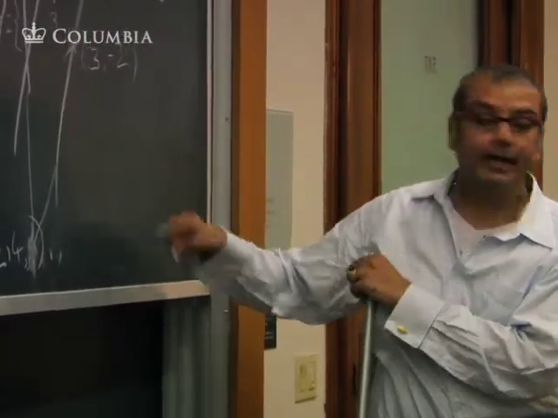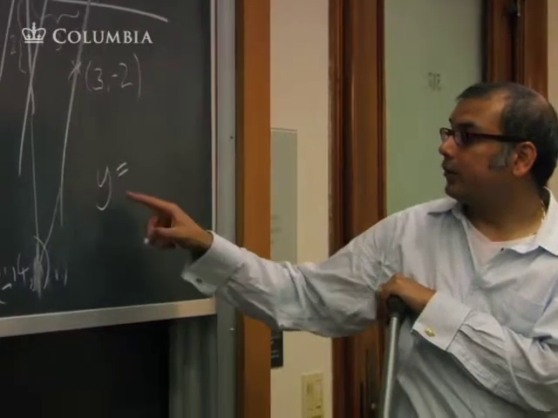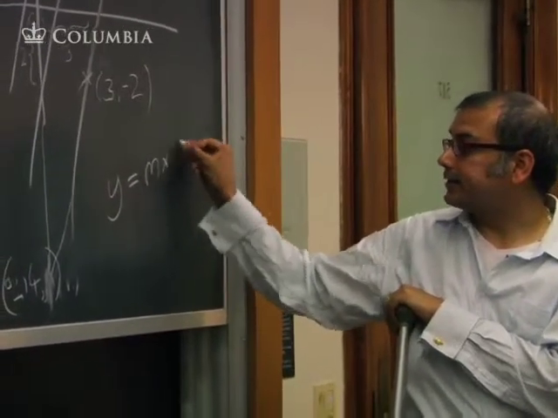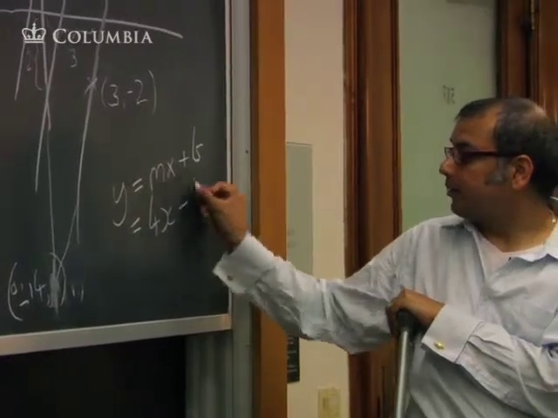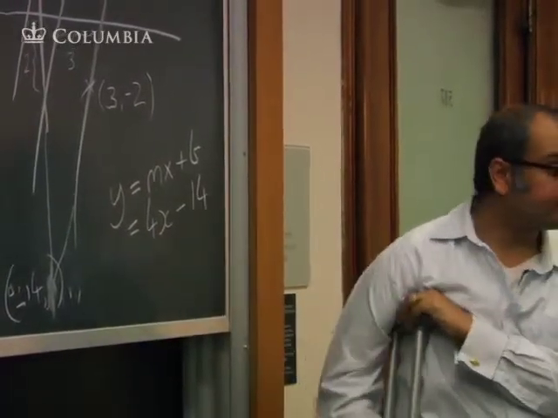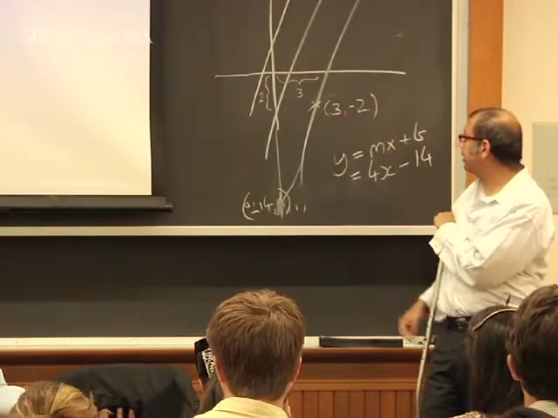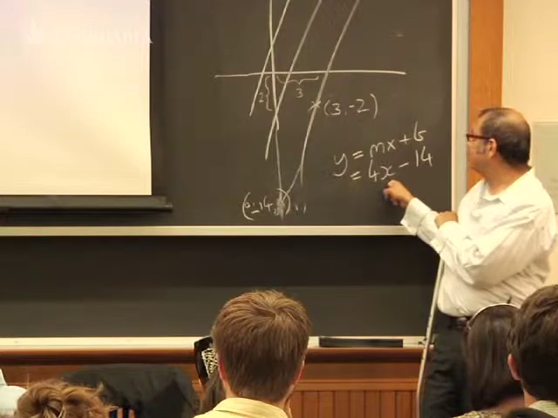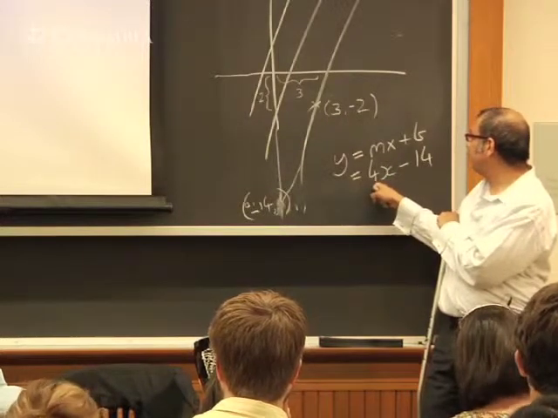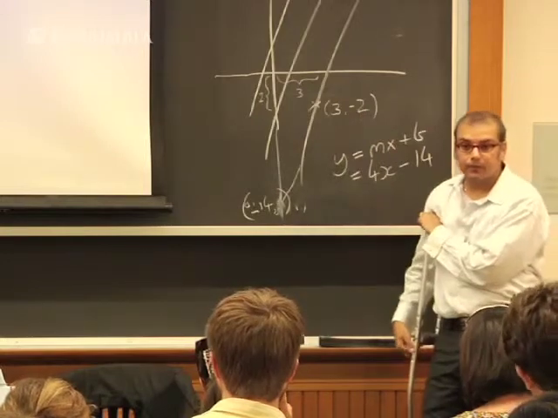So b is actually minus 14. So y is equal to mx plus b, which is 4x minus 14. And you could do a quick check to see if this point makes sense. 3 times 4 is 12, minus 14 is minus 2. Okay?